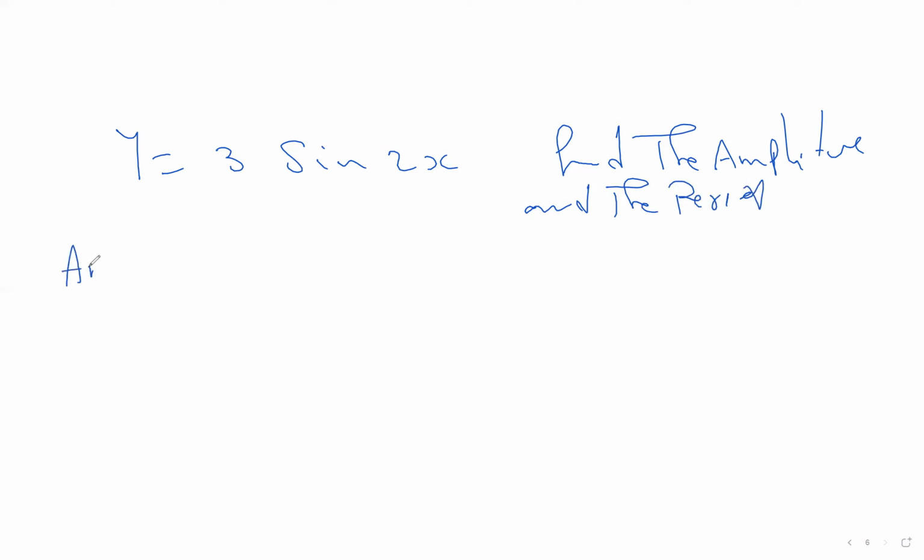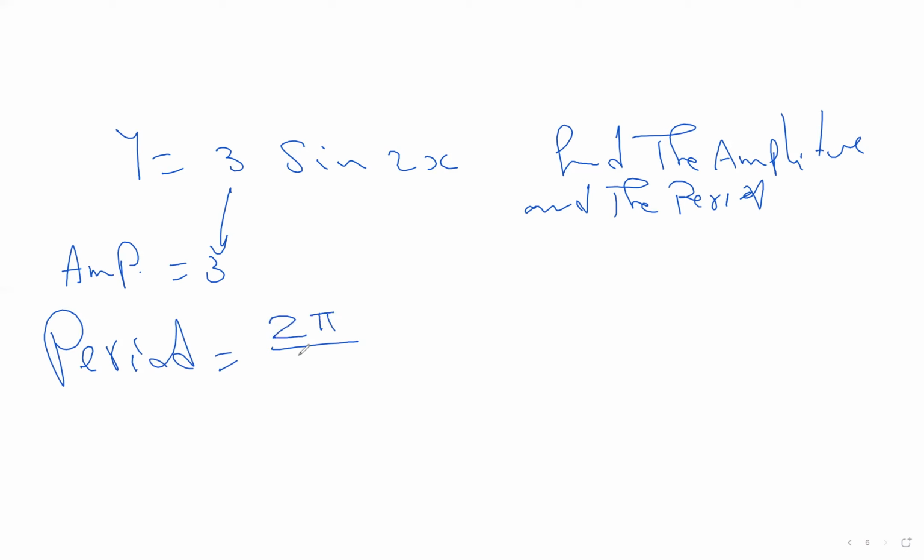The amplitude will be 3 and the period will be 2 pi over 2, which is 360 over 2, which is 180 or pi. And when you graph it, the amplitude stretches the curve until 3. This is 1, 2, 3, negative 1, negative 2, negative 3.